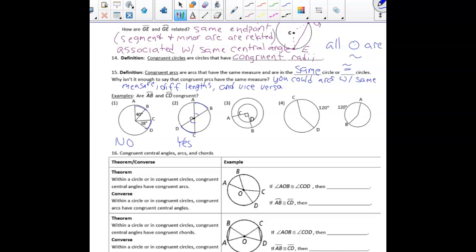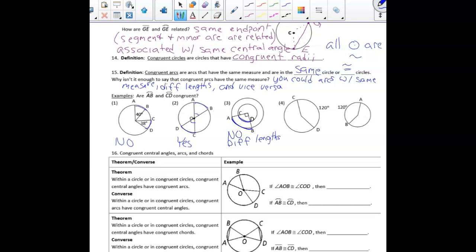Now, arc CD is this smaller circle. Arc AB is the larger circle. The lengths of CD and AB are going to be different. So therefore it's no, different lengths.